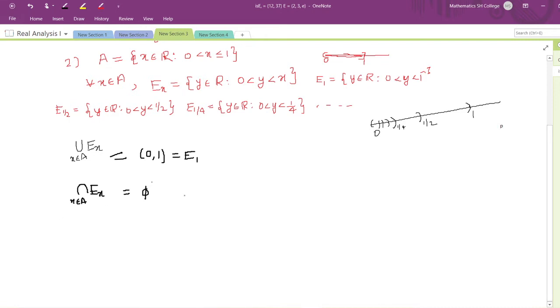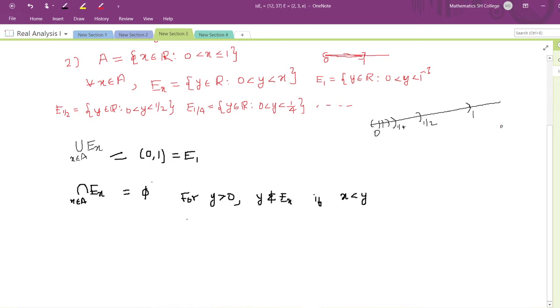So you can justify this like that: for y greater than 0, we can say that y is not an element of E_x if x is less than y. So if x is less than y, you can say that y will not be an element of E_x. So there is not a fixed point which will be an element of all those E_x.